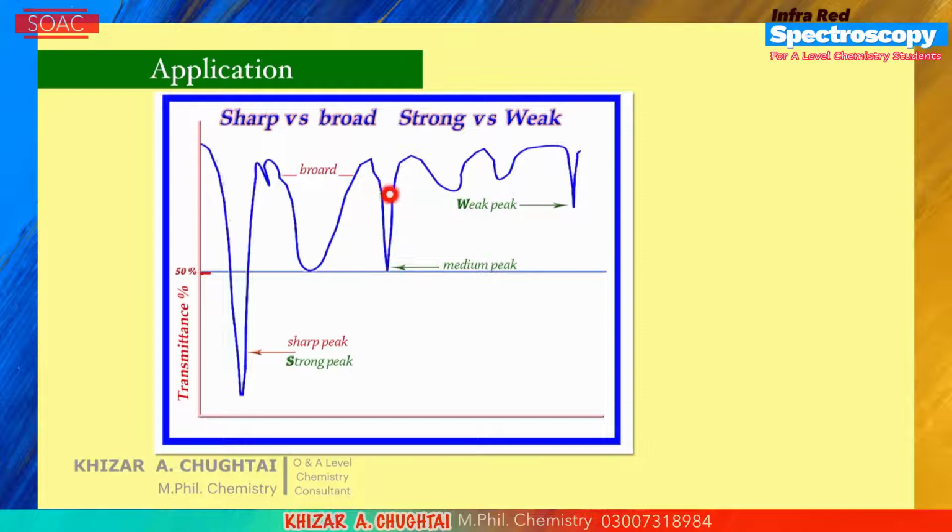So either the peak will be sharp or broad, or the peak will be strong, weak, or medium. This is the weak signal, this is the medium signal, and this is the strong signal. It is absorbing maximum radiation, moving very close to the x-axis.